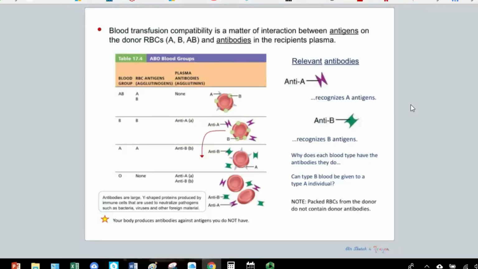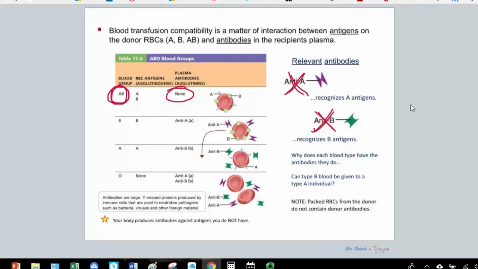Let's start off with the AB blood group. They don't have any of these relevant antibodies. They do not have anti-A, and they do not have anti-B. Why is it the case that an AB blood type individual does not have any of these antibodies?